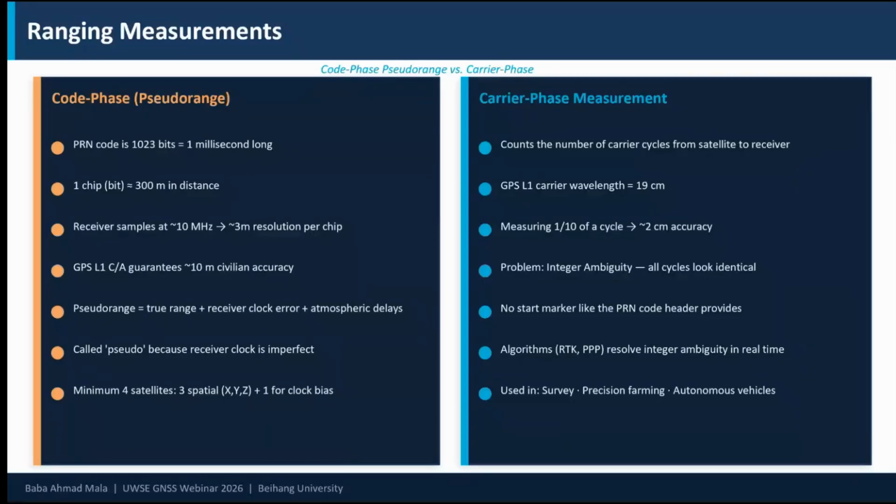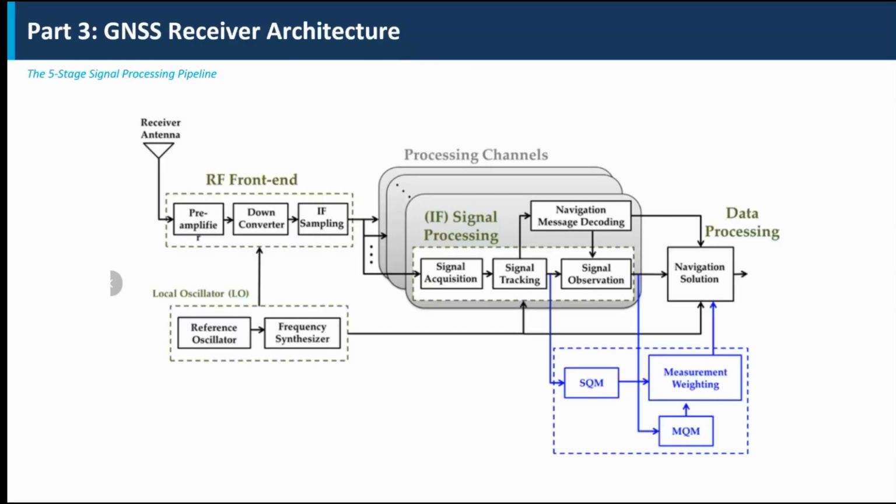In carrier phase, the applications include RTK, precise positioning. Pseudo-range is basically used in the clock, and carrier phase is used in survey, precision farming, and autonomous vehicles. This is the architecture of the GNSS receiver.